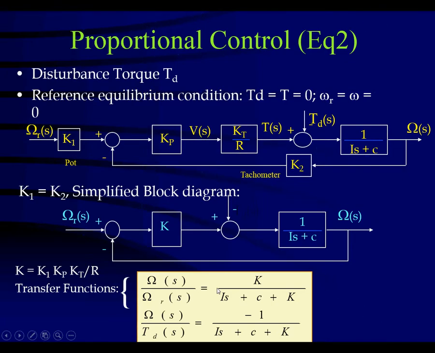This, again, is another example of a proportional control. This is measuring the angular rate or angular velocity and correcting it accordingly. So you measure this in here.